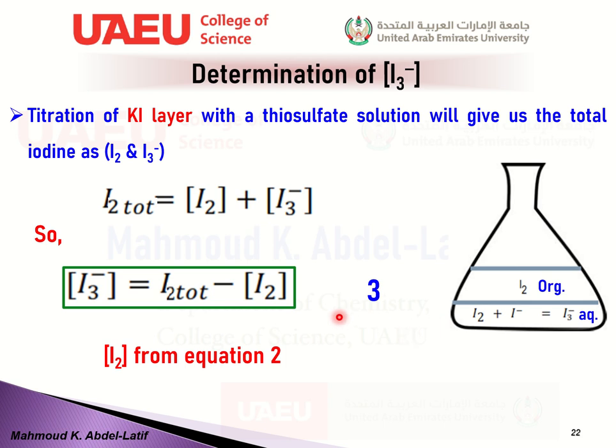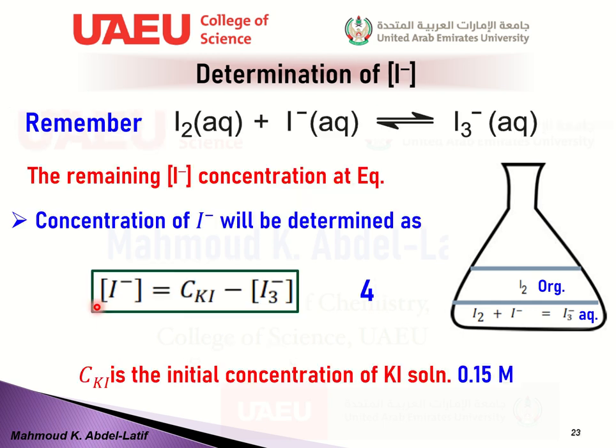Now we have two terms, the tri-iodide and the molecular iodine. The remaining one is just the potassium iodide. This one we got from equation 2, this from equation 3, and we need only this one in order to be able to determine the equilibrium constant.